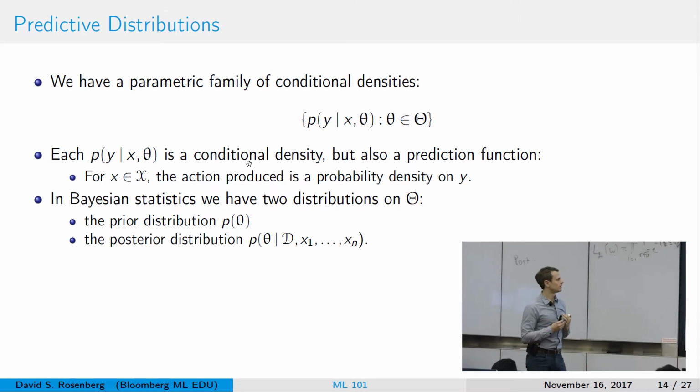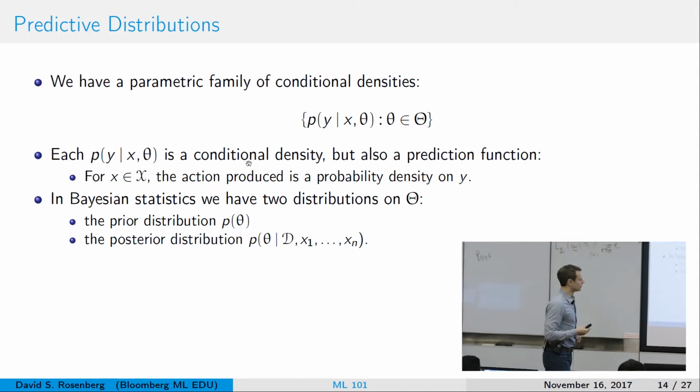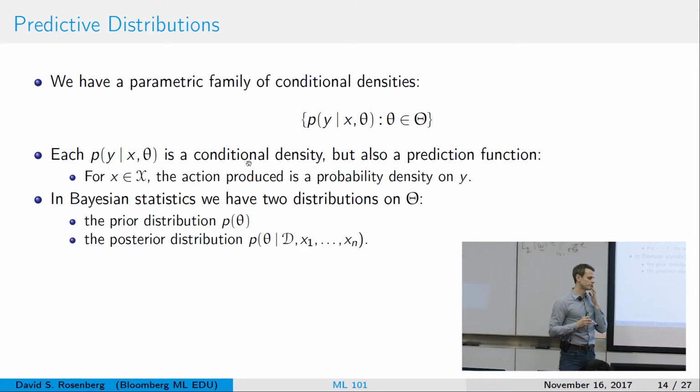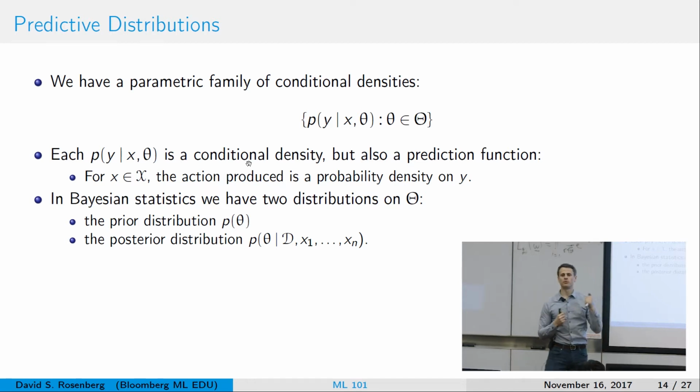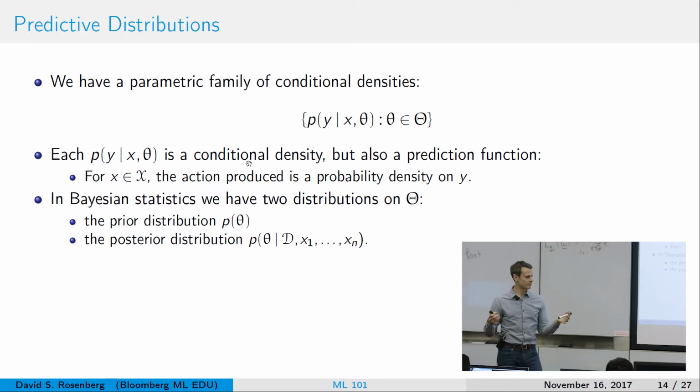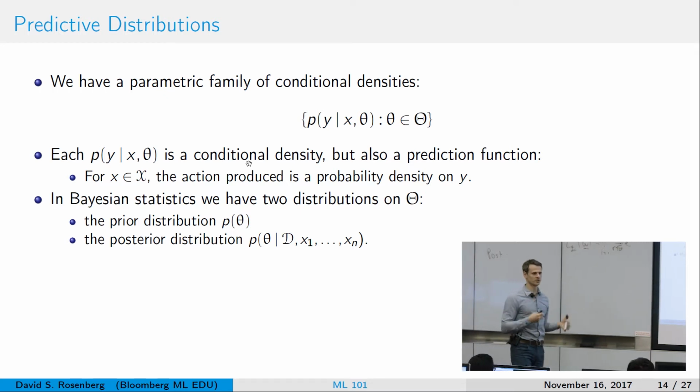What could that give us? Well, for example, suppose you have your prior distribution on theta. We haven't seen any data yet. And someone says, hey, I got an x. I need a prediction for y. I need a distribution on y. What do you got? I haven't seen any data yet, but still, you have to tell me a prediction for y.